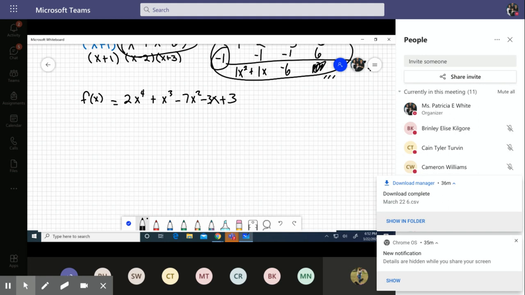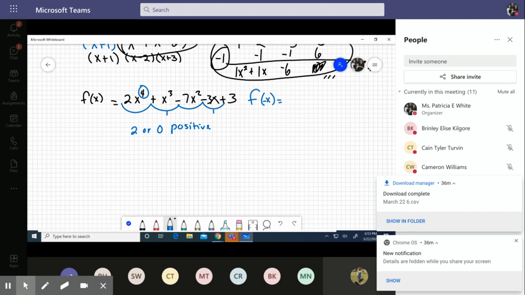All right, total maximum possible answers that we can get. How many of them will be positive? It stays the same, 1 change, 2. So 2 or 0 positive. What about negative? Who is going to change?